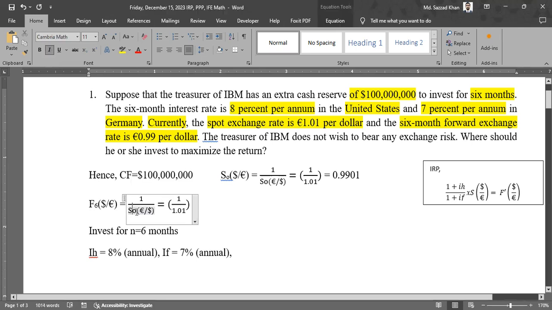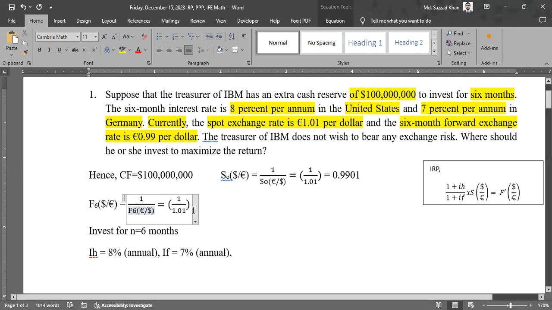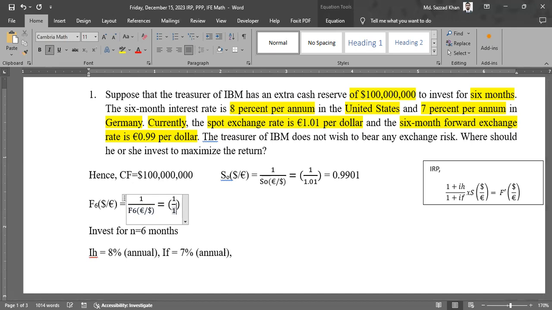But it will be F6, which is 0.99, and it will have 1.0101. Okay.